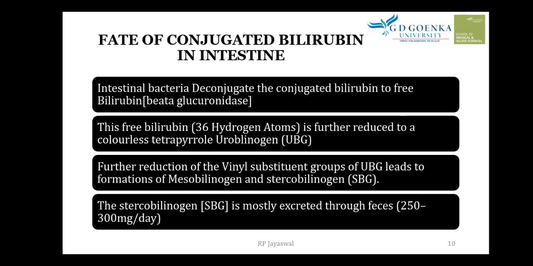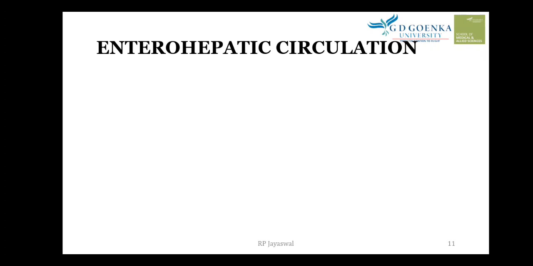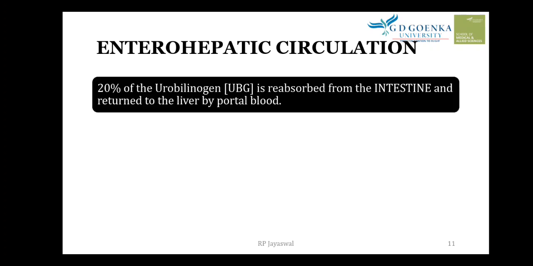Now, enterohepatic circulation. What is it? 20% of urobilinogen is reabsorbed from the intestine and returned to the liver by portal blood. So once we get urobilinogen in the intestine, its fate is either to be excreted through the fecal material, or 20% of the urobilinogen that was generated is reabsorbed into the blood through the intestine and returned to the liver by portal blood circulation.